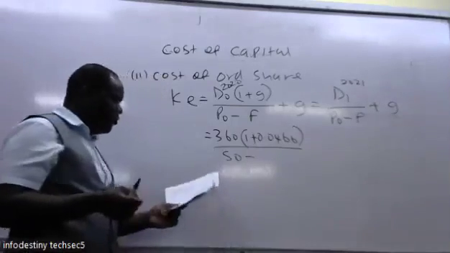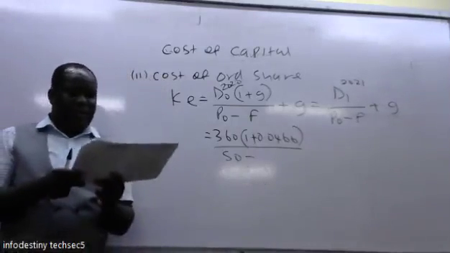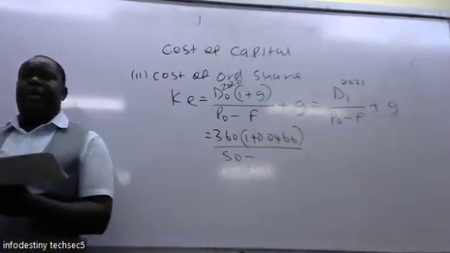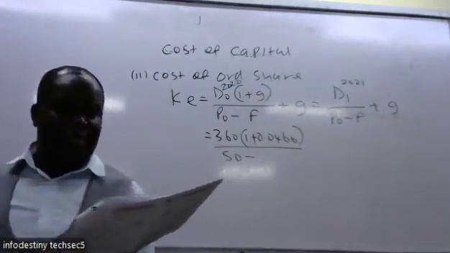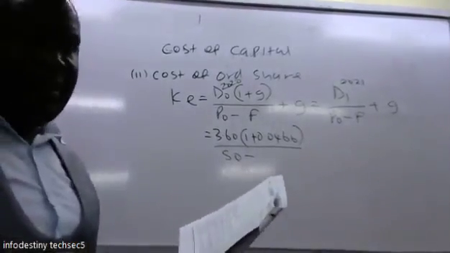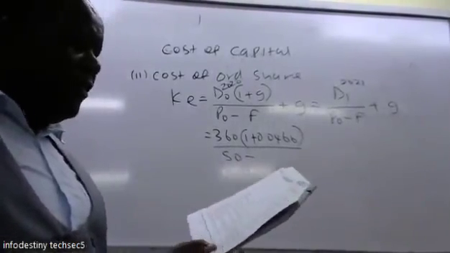So our P0 still remains 50. But now you go to note number 4. Are you able to see under note 4, where they stated that they utilize all the available retained earnings for the year ended 31st December 2020?